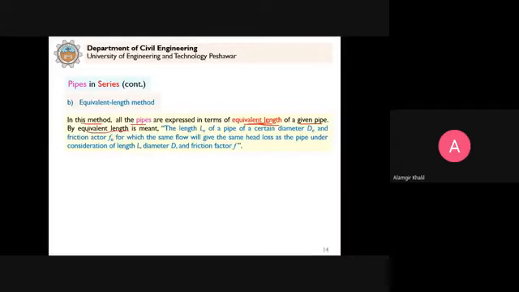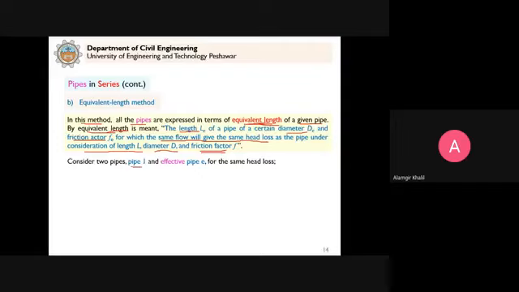By equivalent length, what do we mean? The length Le of a pipe of certain diameter De and friction factor Fe, for which the same flow will give the same head loss, as the pipe under consideration of length L, diameter D and friction factor F. For example, to understand this, we consider two pipes.